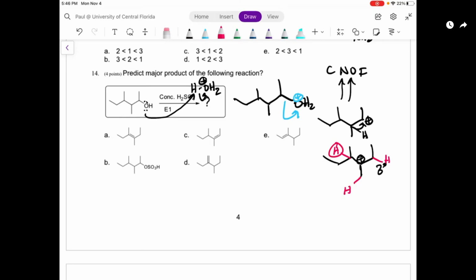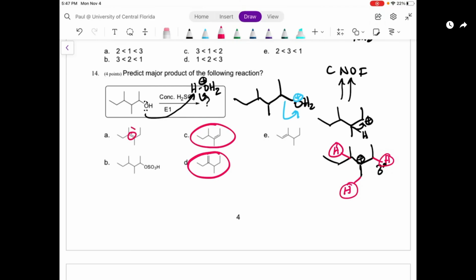If we grab this hydrogen right here, then we are going to get a product that puts the double bond in this position right there. Okay. So if I chose this proton, I would have got something that looked like that. If I chose that proton, I would get something like that.